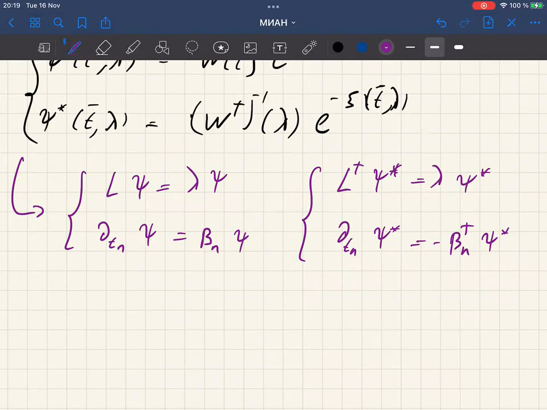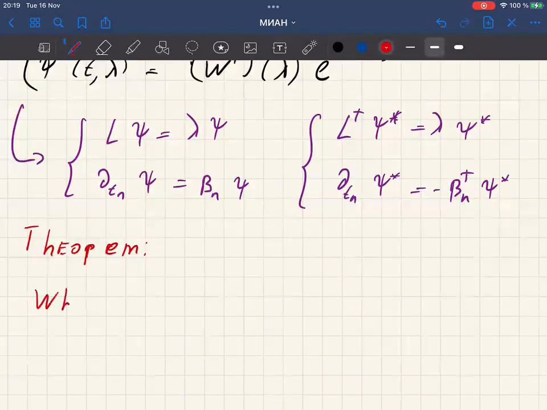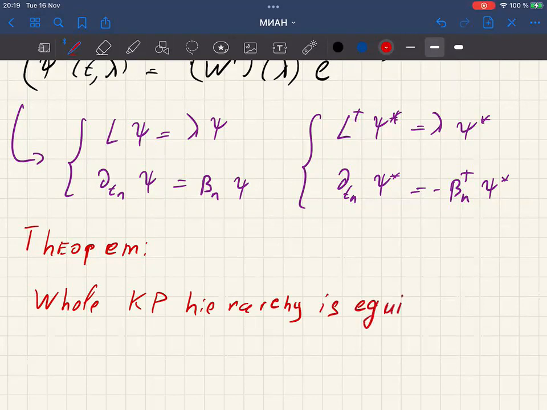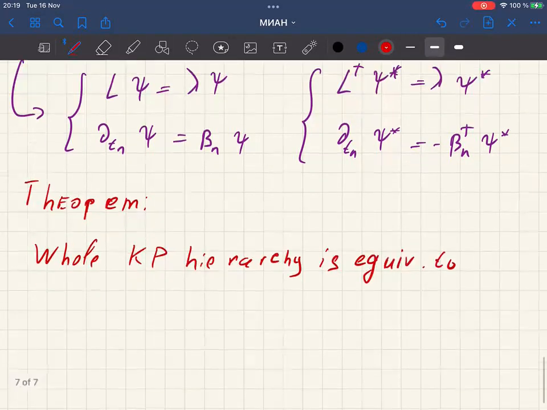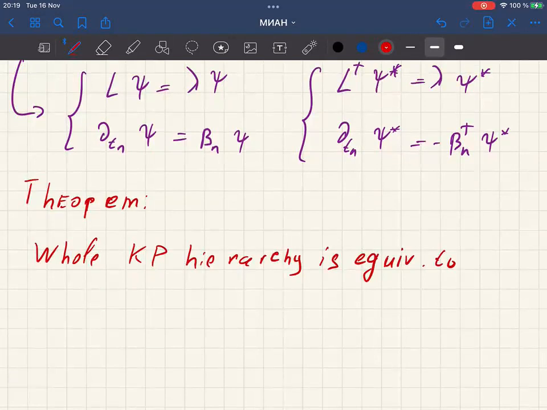This function is important, and now I want to prove the main theorem. The KP hierarchy is equivalent to... okay, let me just write it this way.